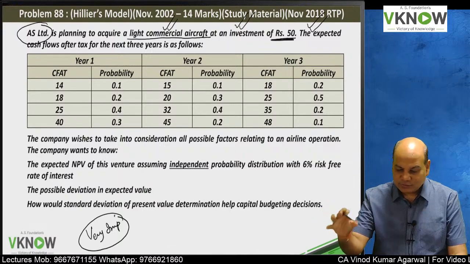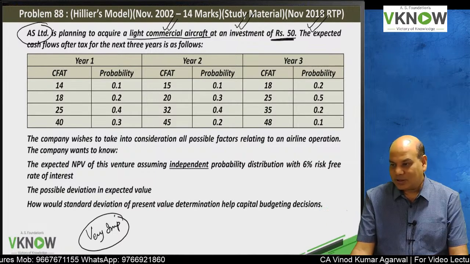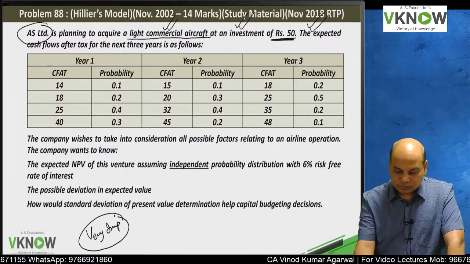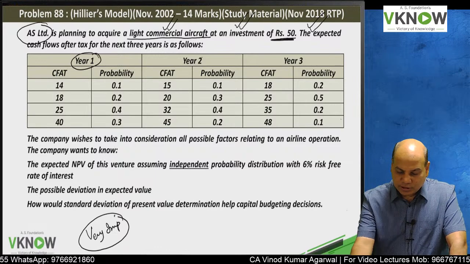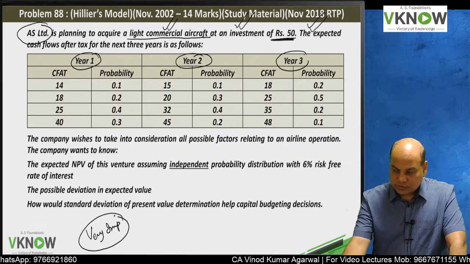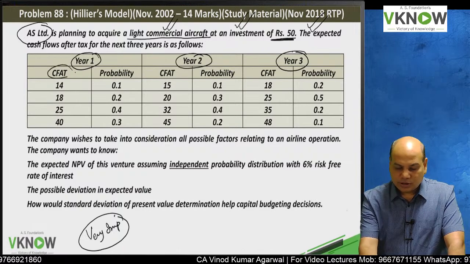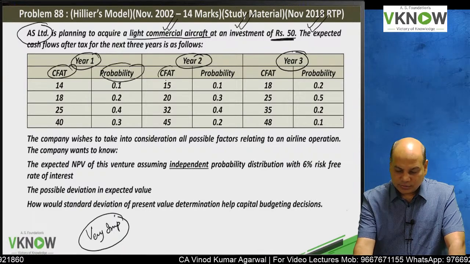Just forget it. Focus on the number. The expected cash flow after tax for the next 3 years is as follows. So here we are given the probability distribution of 3 years.